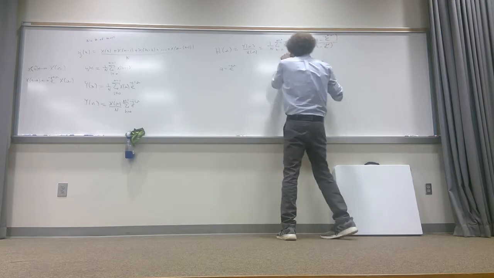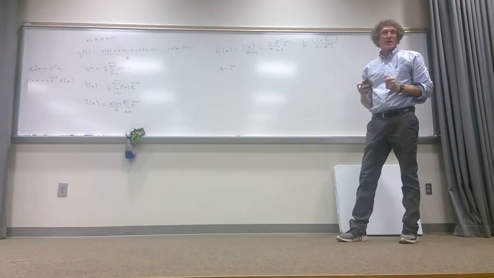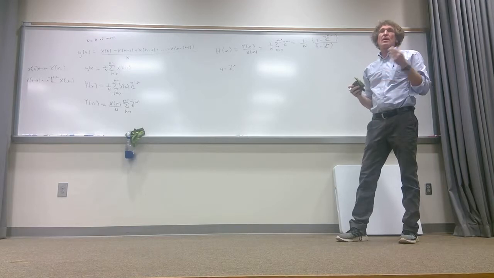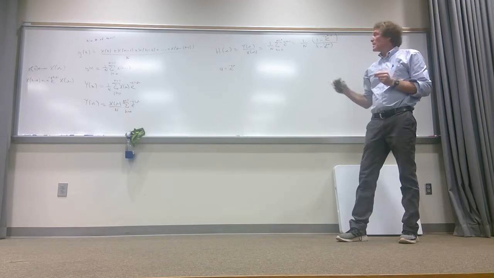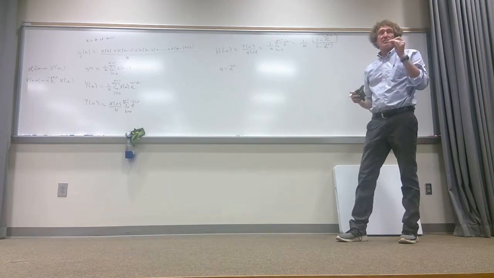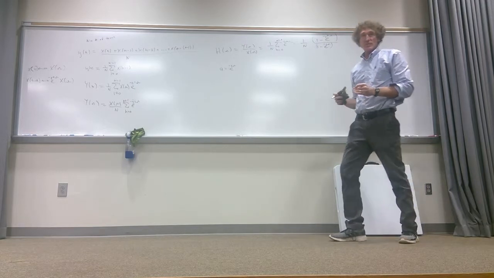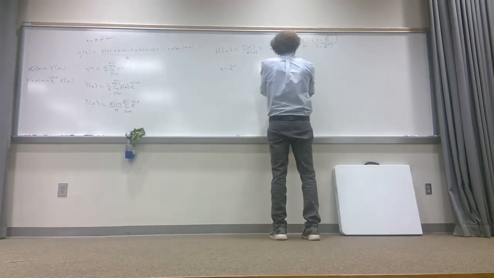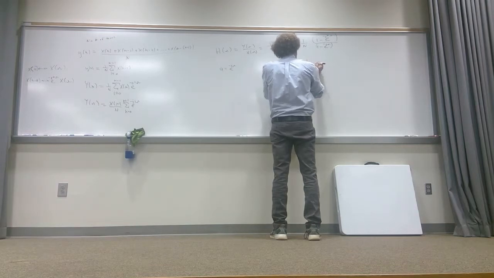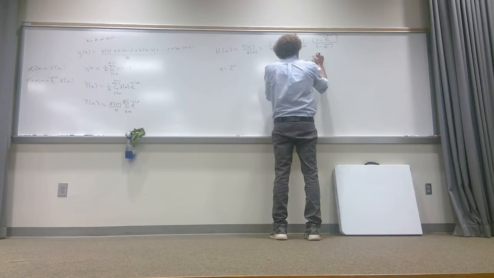And you all remember seeing me do this several times before. Correct, class? Now I pull out the half angle business. I pull out the e to the minus j n omega over 2 up top. And in the bottom, I pull out an e to the minus j omega over 2. And you've seen me do this before. So now I get 1 over n here, and then I get e to the minus j n omega over 2 on top, and e to the minus j omega over 2 on the bottom.